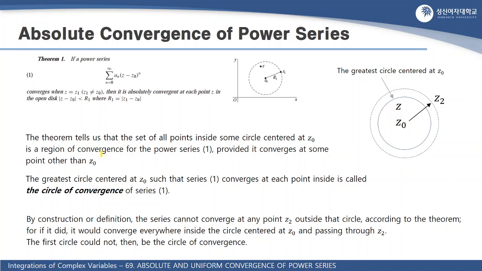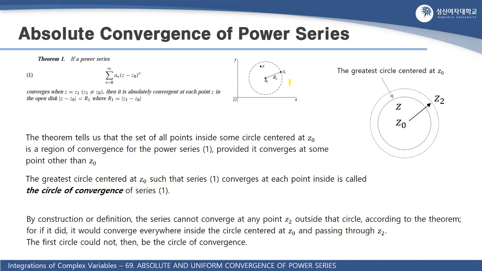So we can define a region of convergence for the power series. The greatest circle centered at z naught, such that series 1 converges.